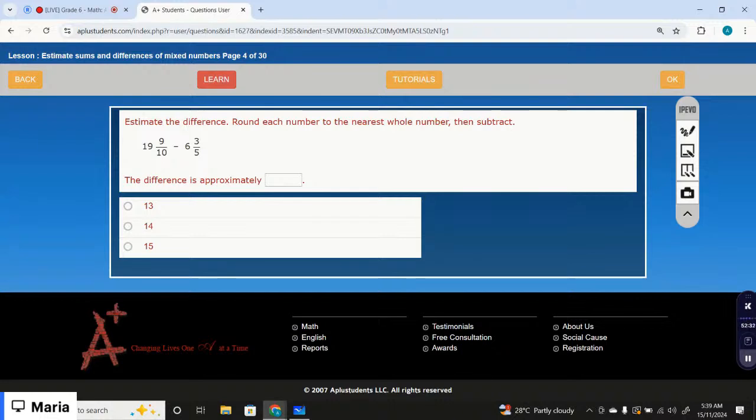19 whole 9 by 10 minus 6 whole 3 over 5, which is the correct option?